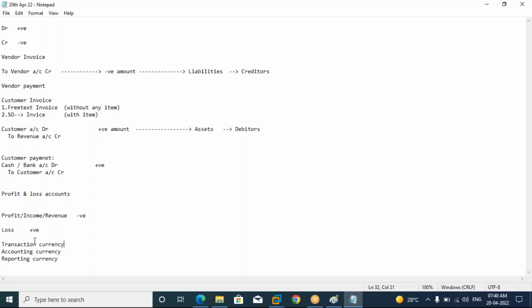Accounting currency means company currency. What does company currency mean? Suppose your company is in India. Your friend is asking, give me 100. Then immediately you are giving 100 rupees. Am I right?